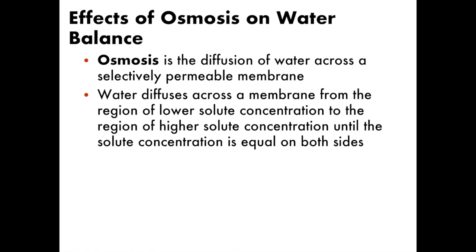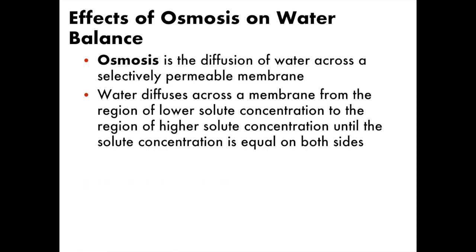Okay, so osmosis is diffusion of water across a membrane, a selectively permeable membrane. So water is going to diffuse from the region of lower solute concentration to the region of higher solute concentration until solute concentration is equal on both sides.